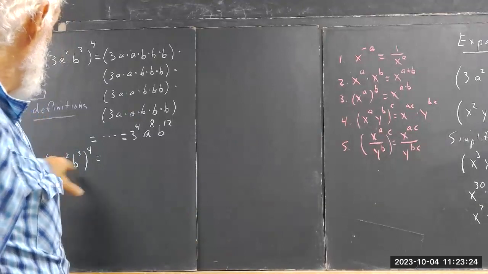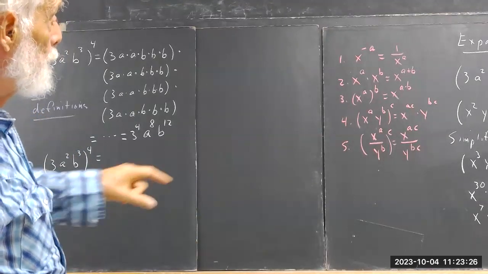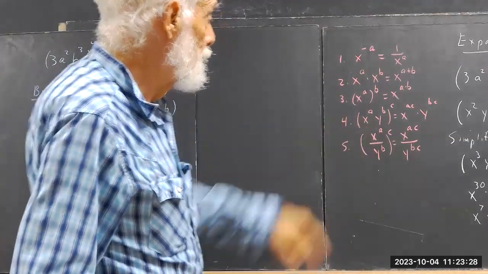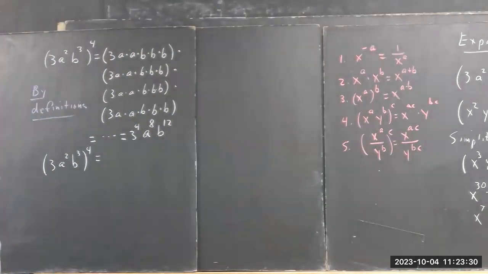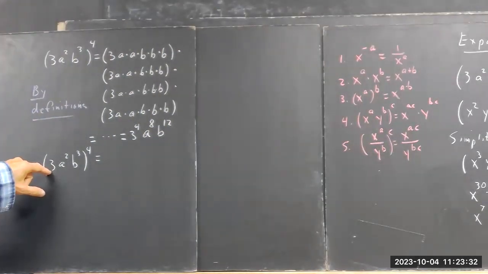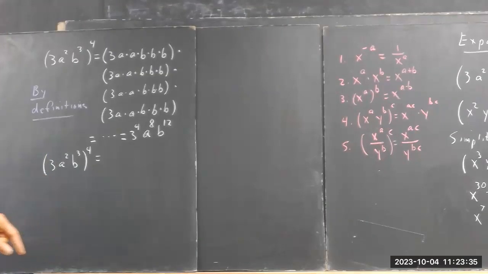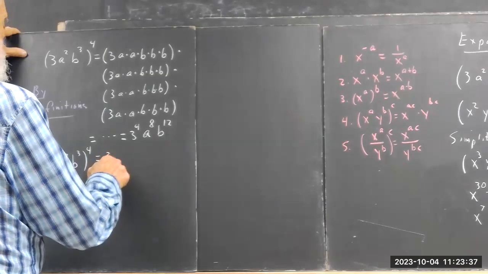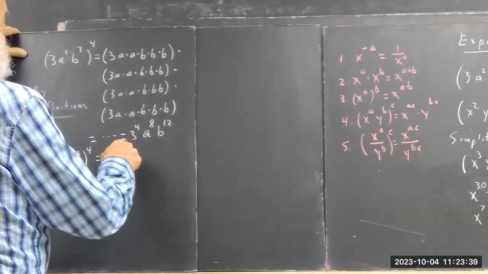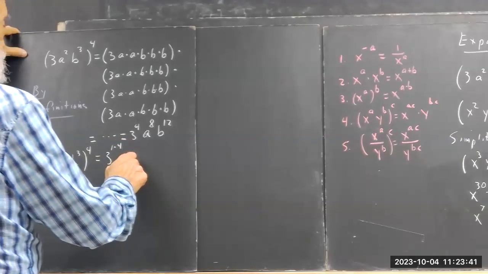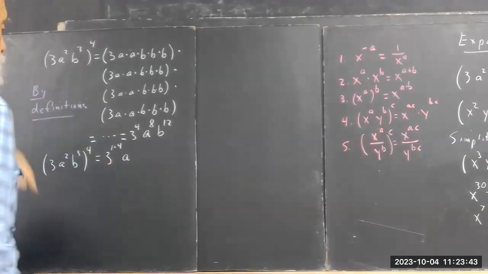Okay, so if we use this rule, we can immediately see that this is, well, that's just 3 to the 1st power. So that would be 3 to the 1 times 4, or just 3 to the 4th. And then a raised to what power?